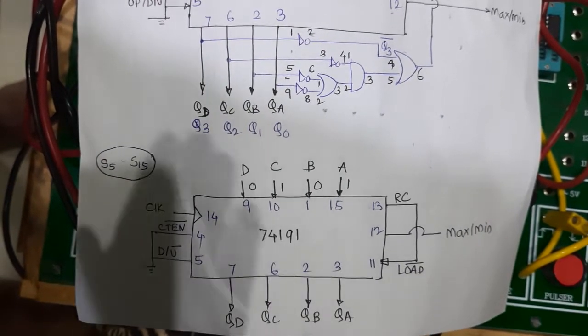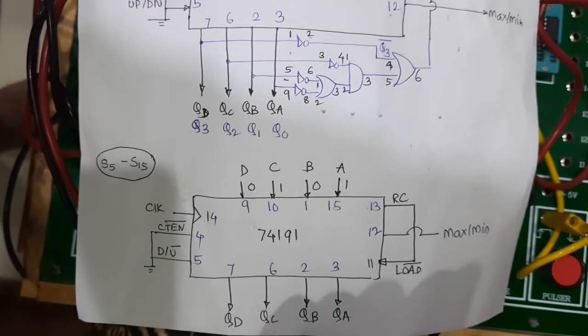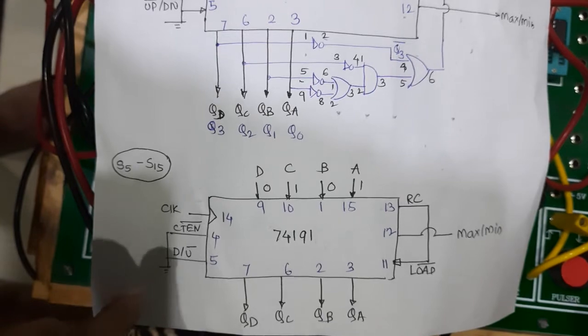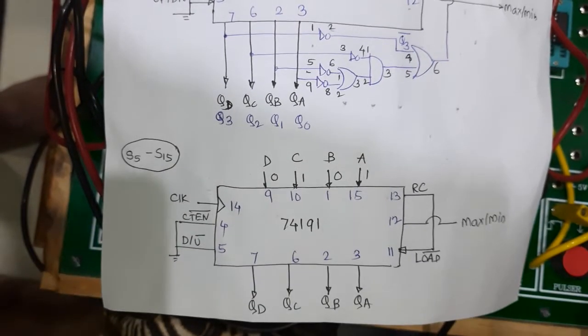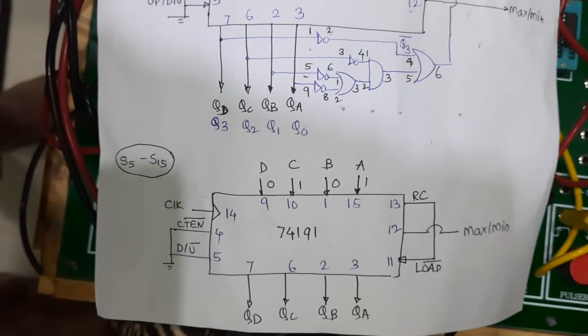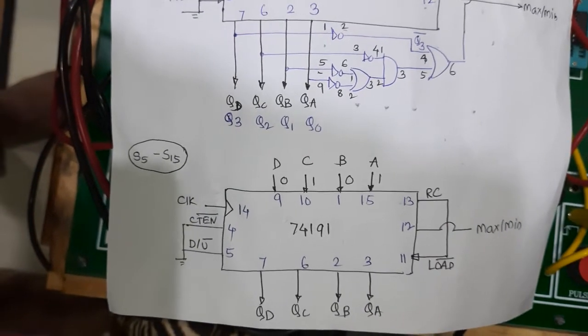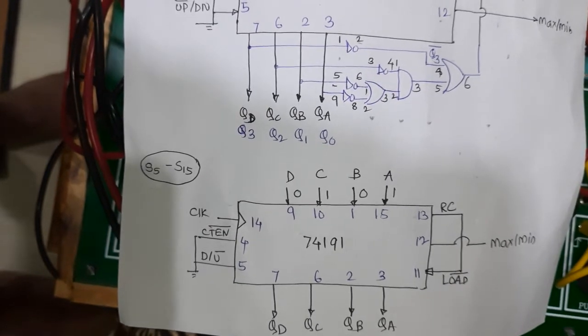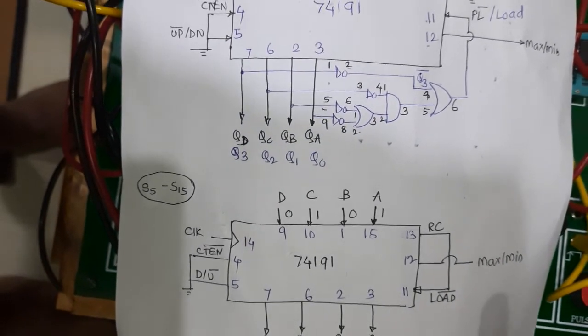If I am using down counter, the RC signal will go low when the terminal count 0 is reached. Depending on up mode or down mode, the terminal count is either 15 or 0. So it is a binary counter that goes from 0 to 15, and 7490 is a decade counter, which goes from 0 to 9. That is the difference between these two counters.